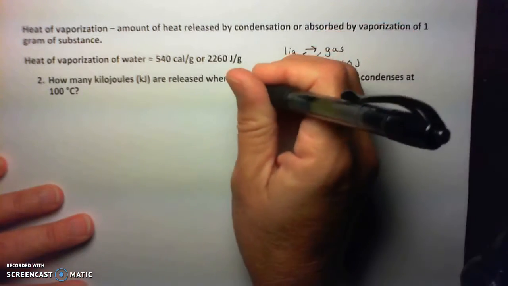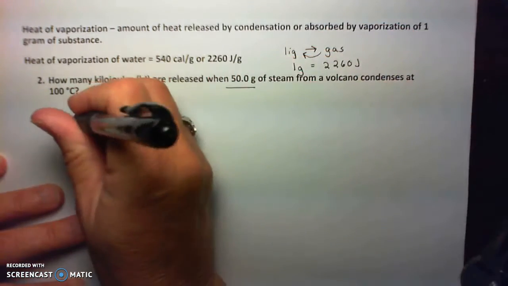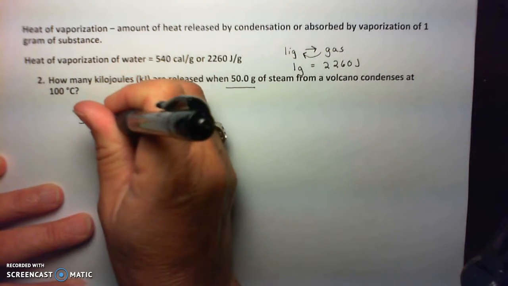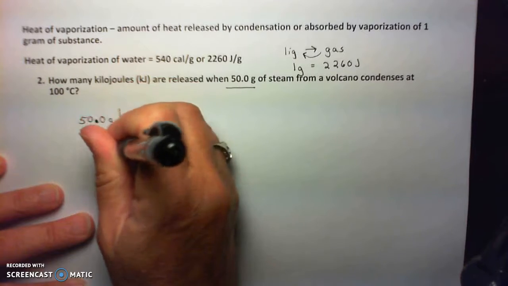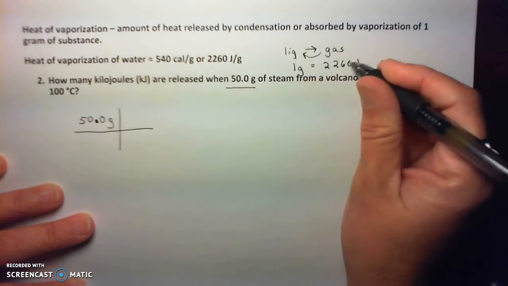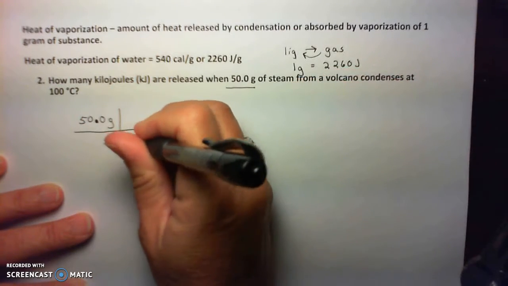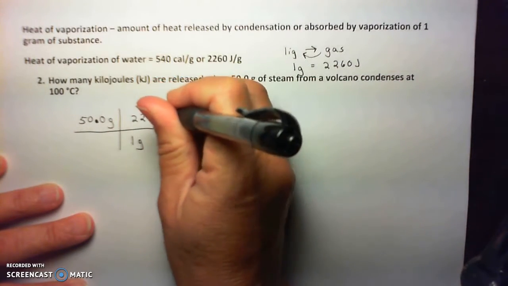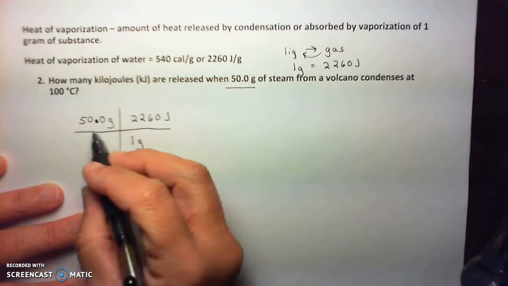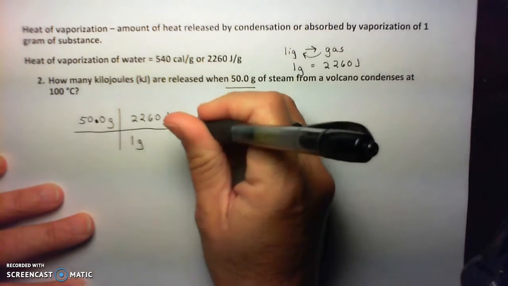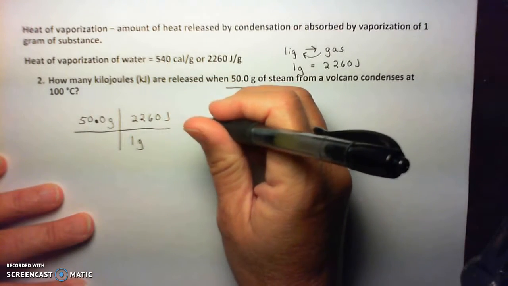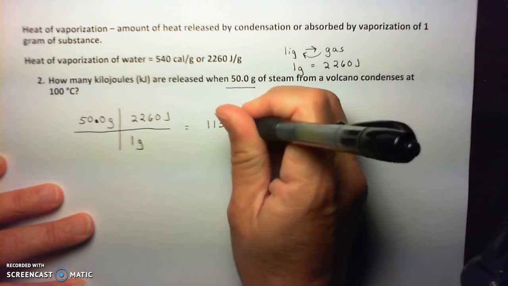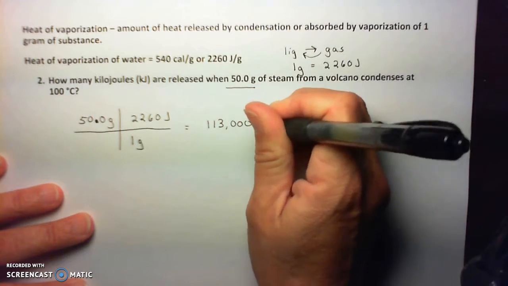Okay. If we start here with the number from the problem, we've got 50 grams of steam. And we want grams to disappear, so we'll put grams at the bottom, 2260 joules. So we'll multiply the 50 times the 2,260, and we will get 113,000 joules.